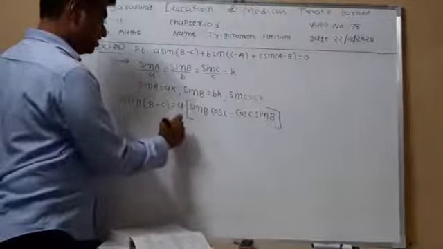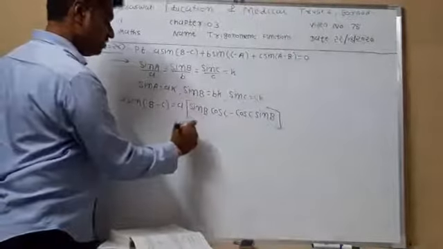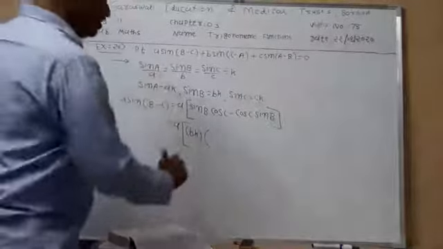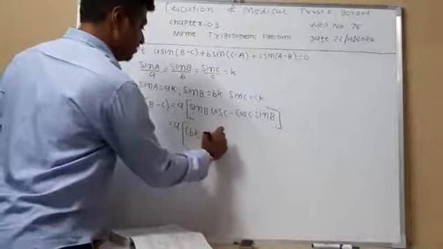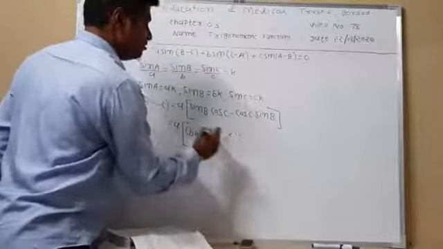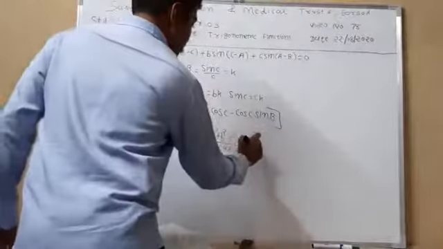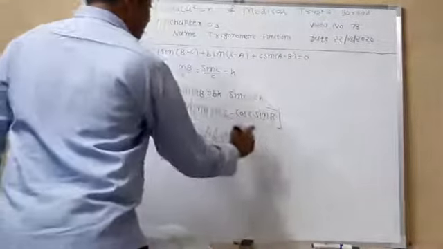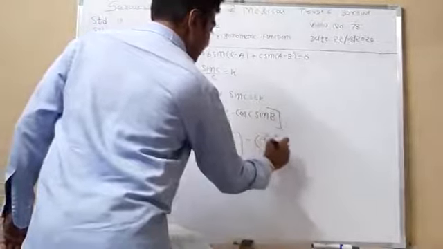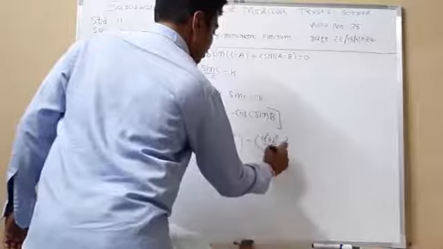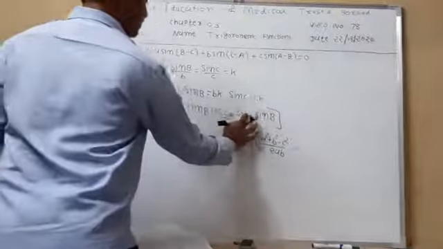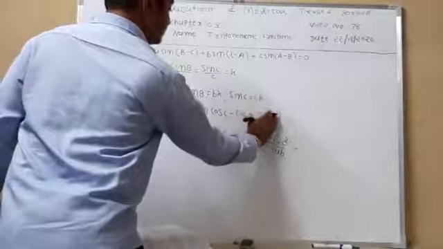Now a stays as it is, and in place of sin b write bk, and we know the identity cos c is a square plus b square minus c square upon 2ab.